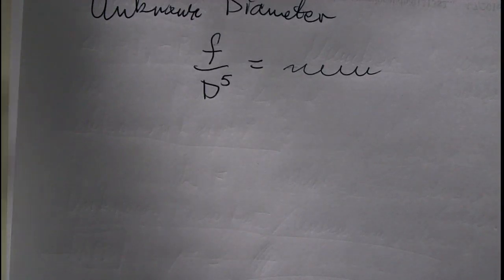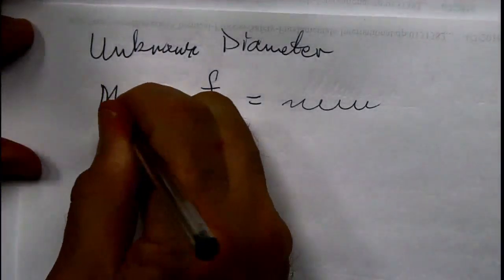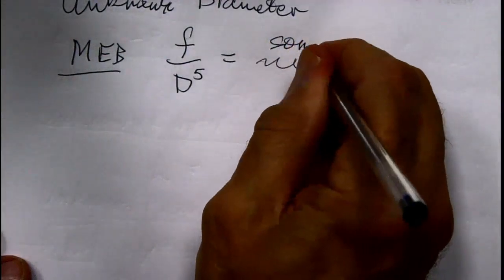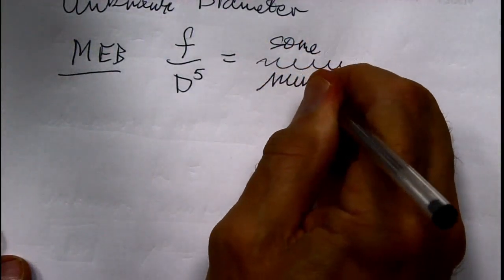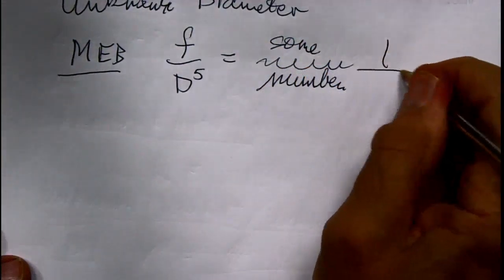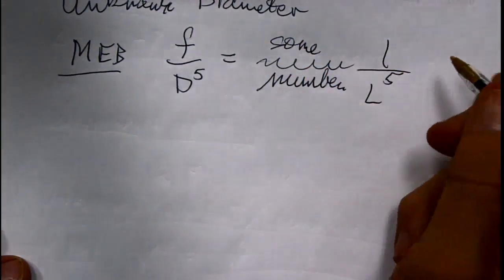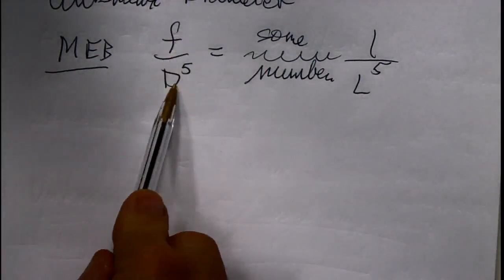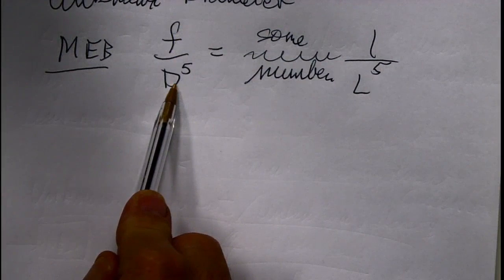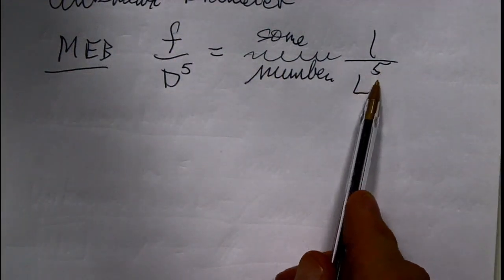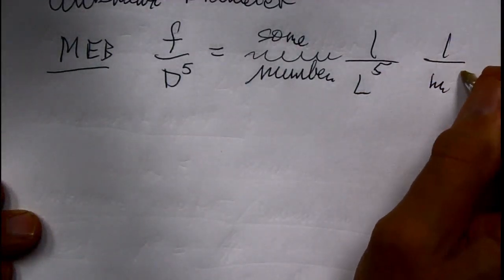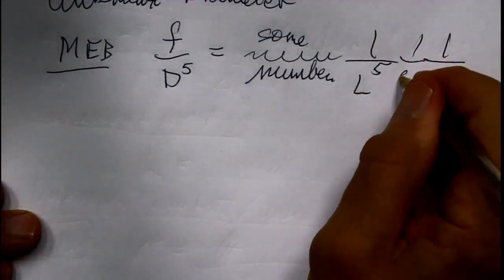Again, this is the MEB and how it generally reduces down. What's interesting about this number is it has units of 1 over length to the 5th power. Friction factor has no units. The diameter has a 5th power here. And it's length, so we'll have perhaps 1 over meters to the 5th or 1 over feet to the 5th power.